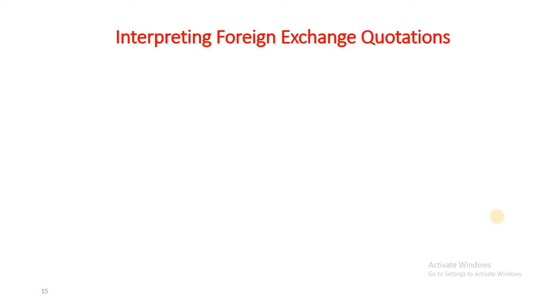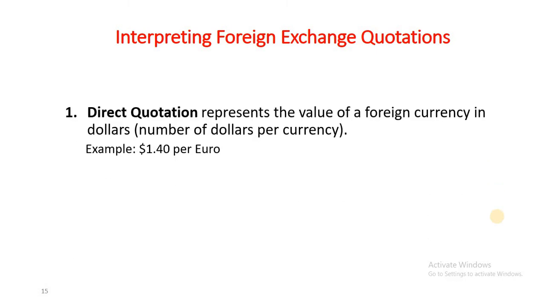Now let's look at foreign exchange quotations. There are direct quotations. Direct quotation means value of one unit of foreign currency against domestic currency. For example, $1 is equal to 85 taka.